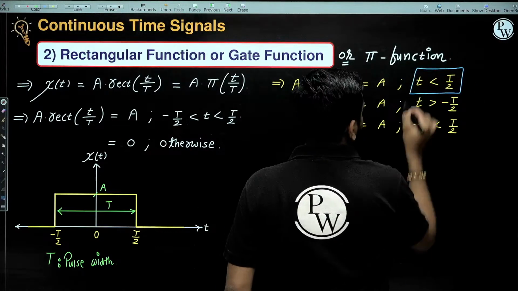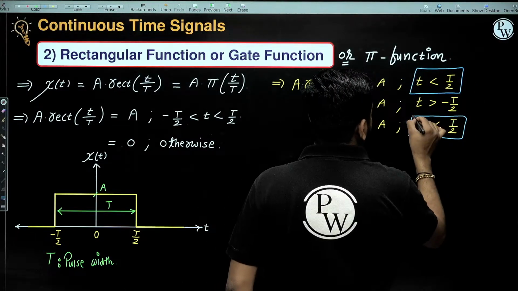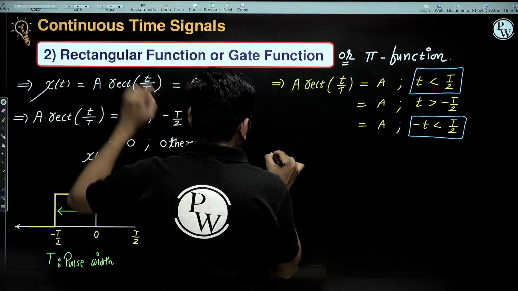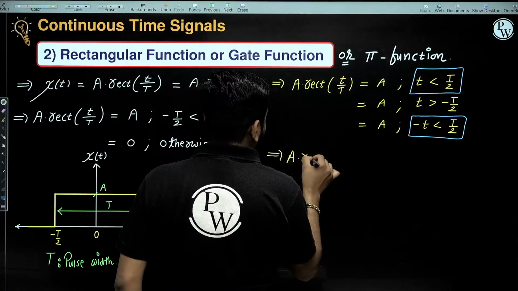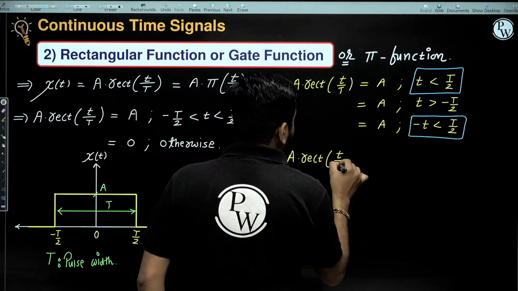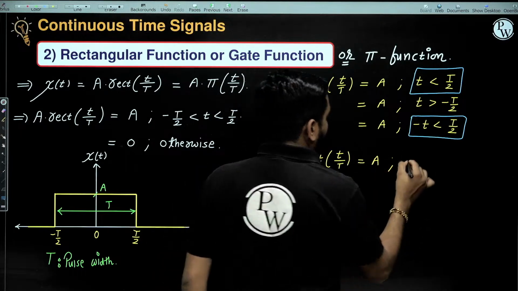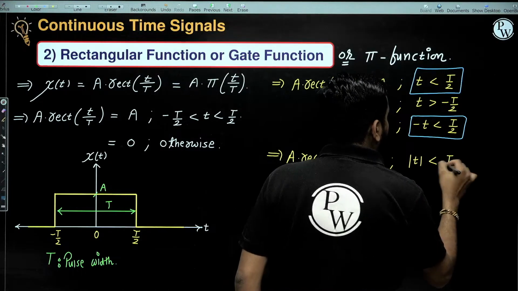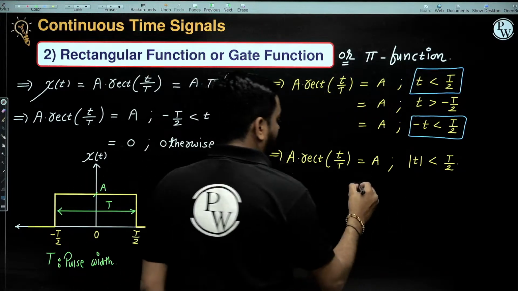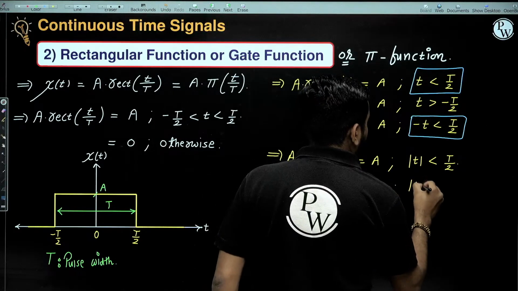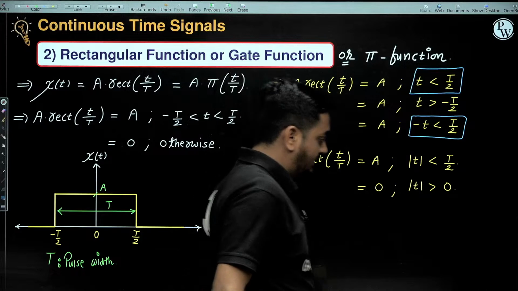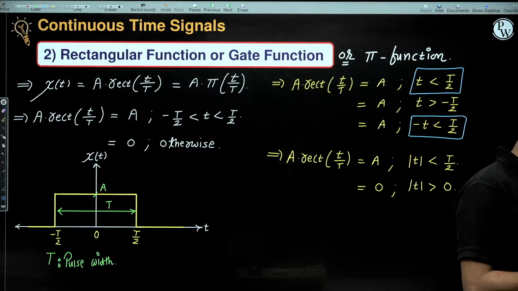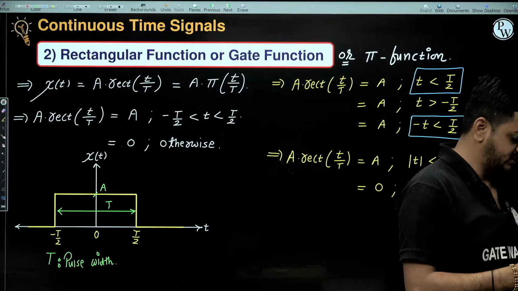Can we write like this, very important: A rect, you can write mod t less than T by 2, and it is 0 for mod t greater than T by 2. This is also a valid and correct mathematical representation.